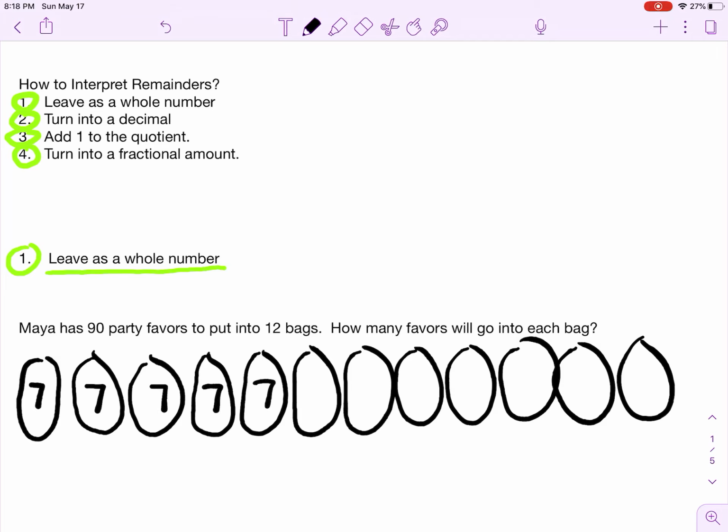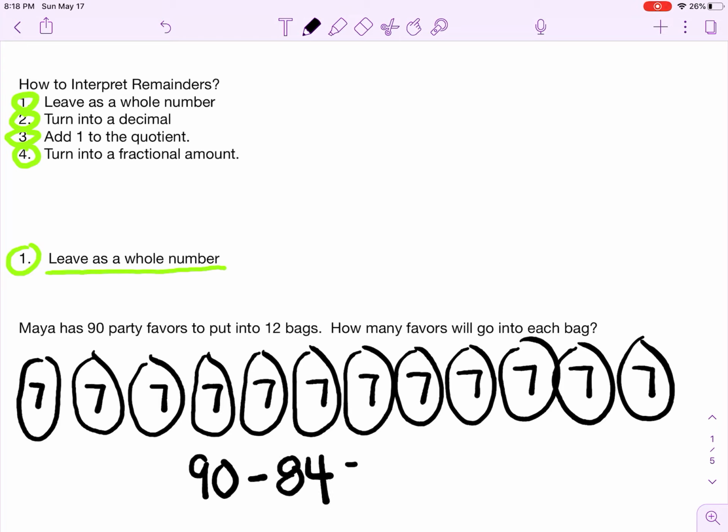And that's the closest that I could get to 90 without going over. But of course, since that leaves me with some extras, because 90 minus 84 would leave me with 6, that means I have 6 party favors left over.